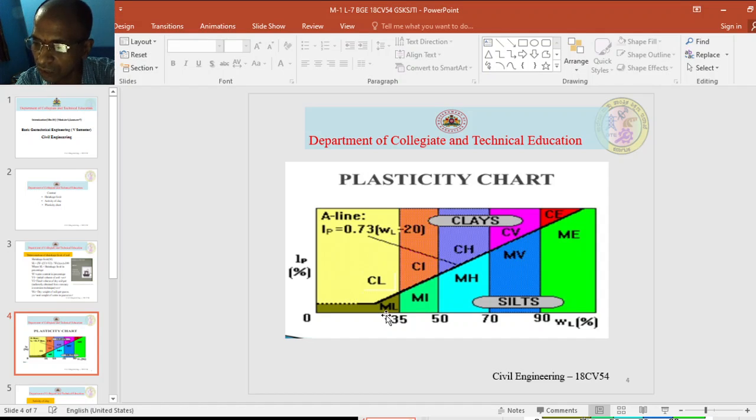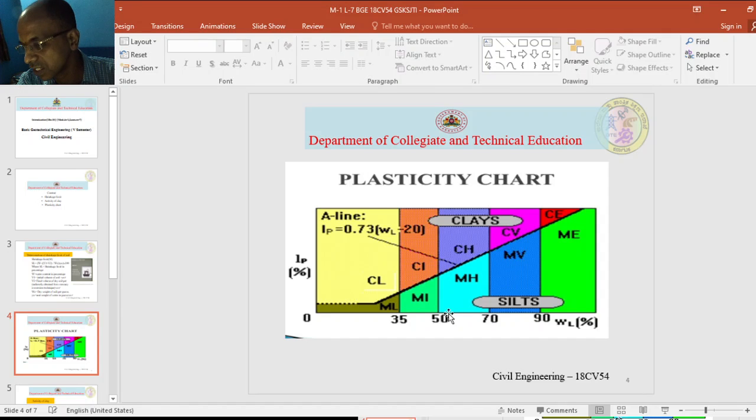Now the question is how to classify whether it is organic soil or silt. If it is below the A line, take 25 grams of soil and heat it. After heating for a period of 30 minutes, you take the weight. If the difference of the two weights is more than 25%, then you call it organic soil. If not, you call it silty soil.